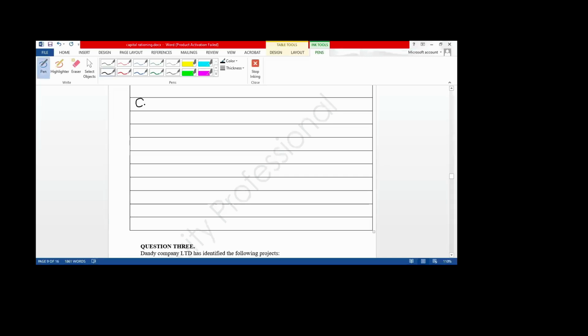Group 2, where first trust is considered. In this case, you can consider the other projects.